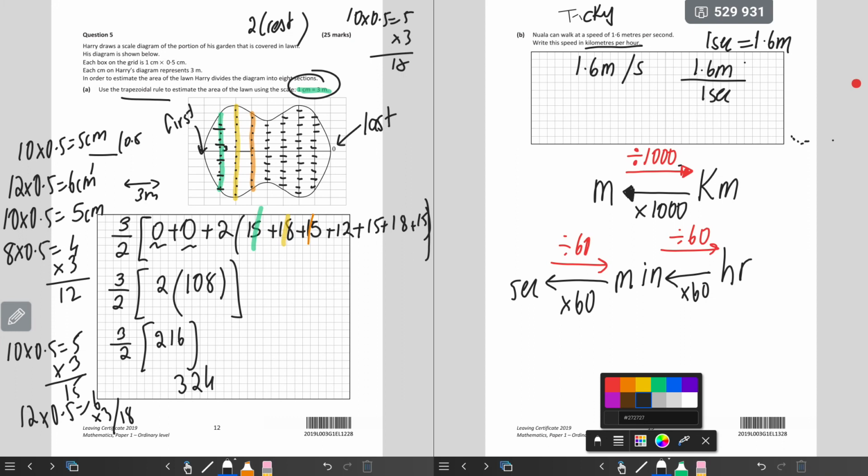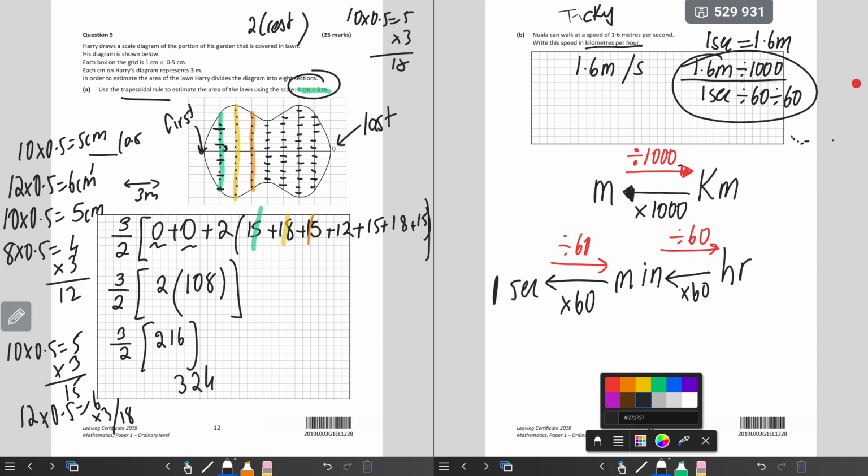And how do I change seconds, which I am over here, say 1 second, to hours? Divide by 60 and then divide by 60 again. You could work that out by just building it up, 1.6 meters in 1 second, just keep working out that way. Or this way, I would just throw it into my calculator and see what it spits out.